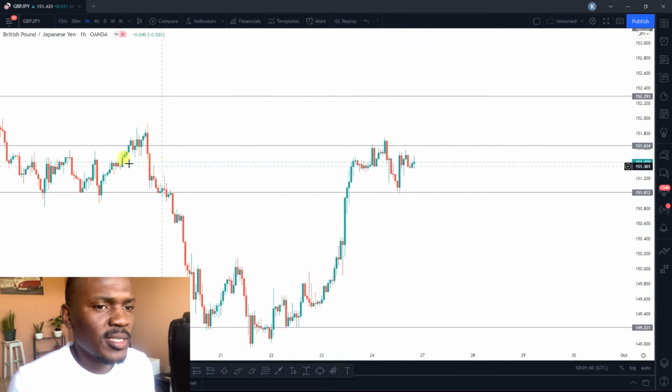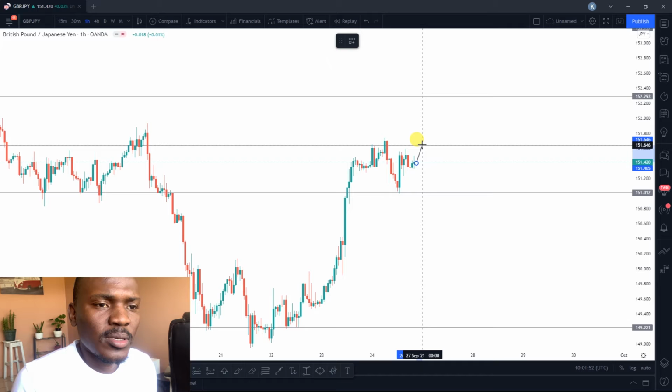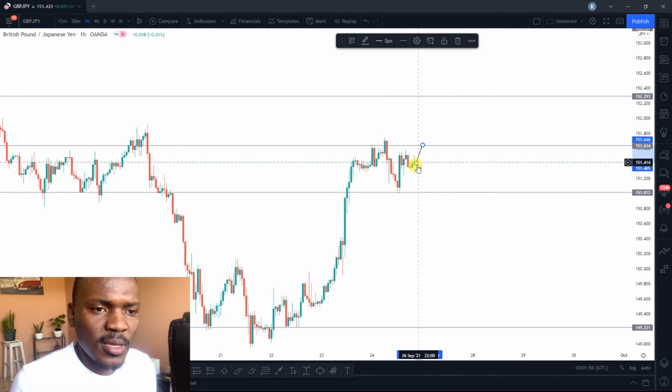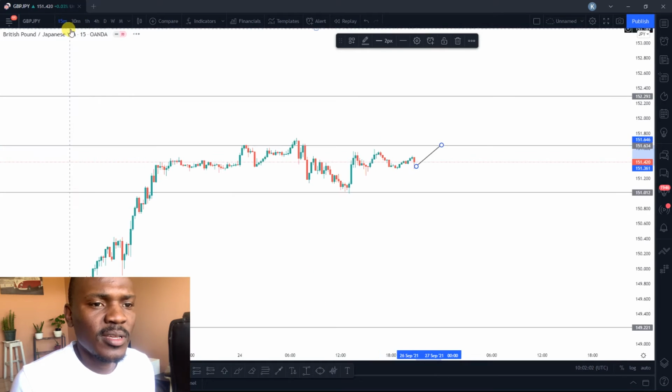As you can see here, we can wait for the market to come back to the resistance. I think we should move down to 15 minutes as well. Yeah, so what we do, the market is just floating on top.